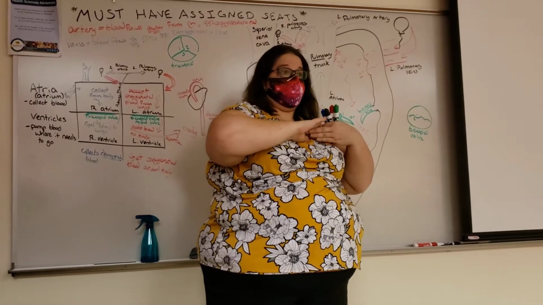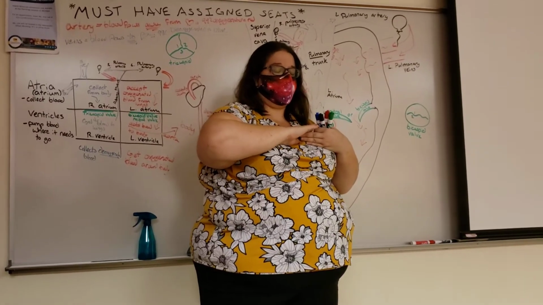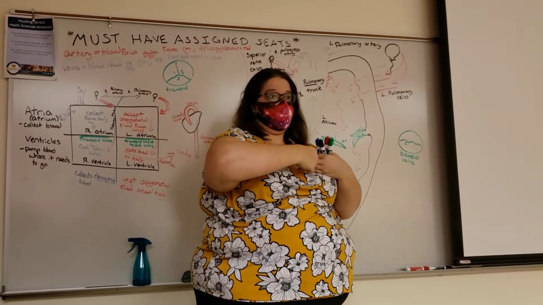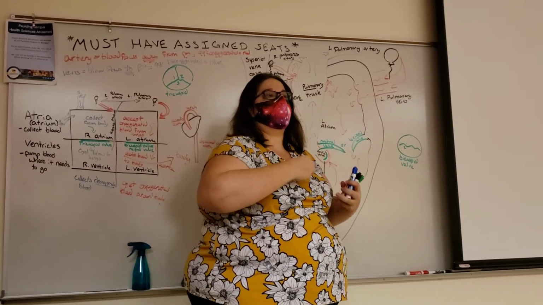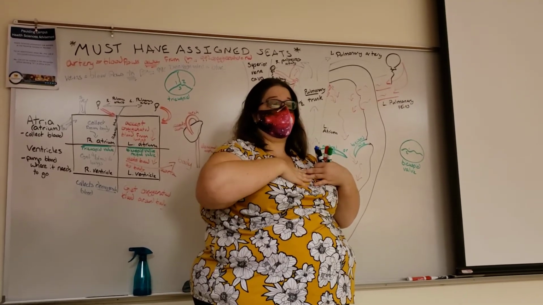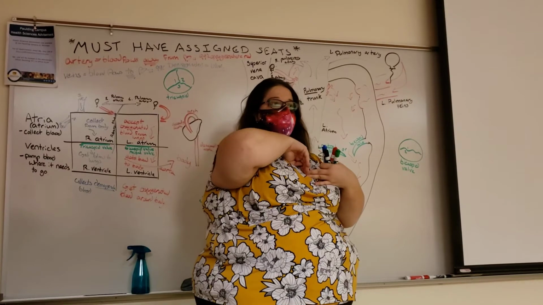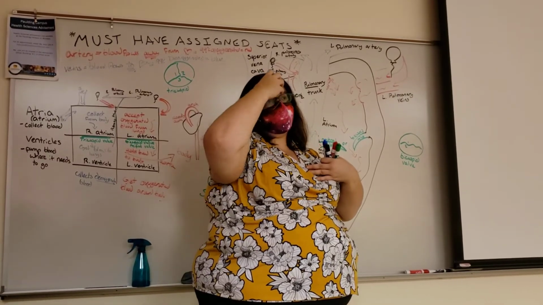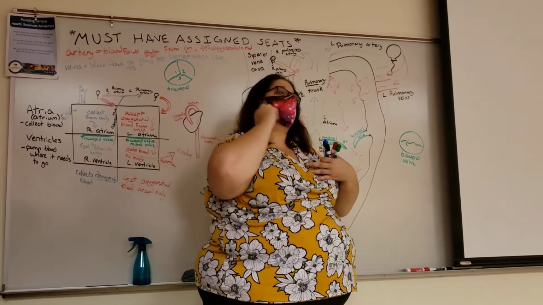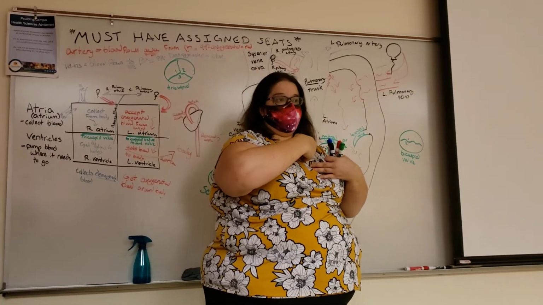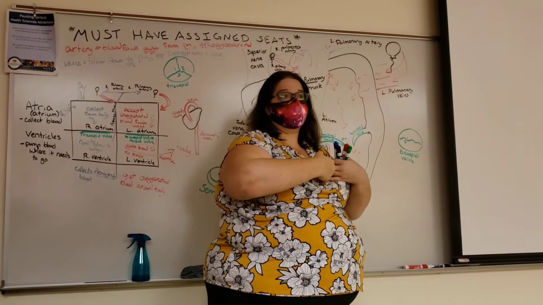So you have this really big vein that attaches to your heart, one side from the top and the other side from the bottom. If the blood is coming back to your heart from above your heart, it flows through the superior vena cava. So any blood that's coming from your arms or your head back to your heart is going to flow from your head through your jugular vein down into the superior vena cava to get to your heart.